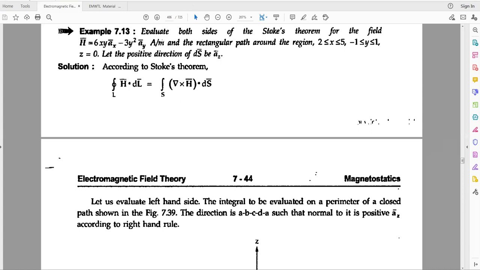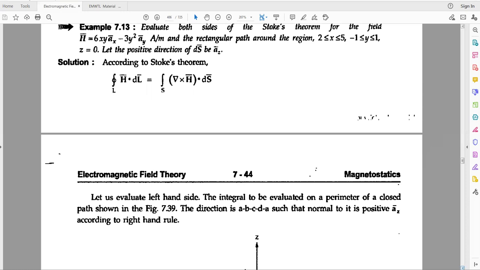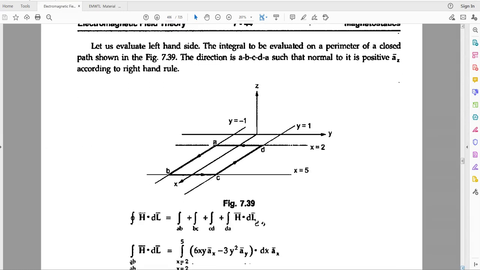Now I am taking the Stokes theorem, meaning the line integral is converted to the surface integral. Line integral converted to surface integral means cross product. Volume integral converted to surface integral means dot product. Cross product del cross H bar dot ds bar is equivalent to the integral of H bar dot dl bar.